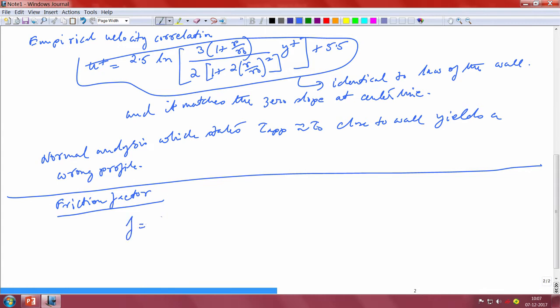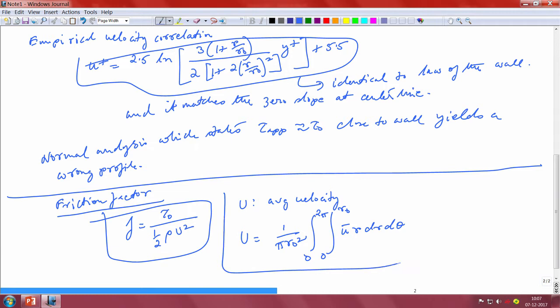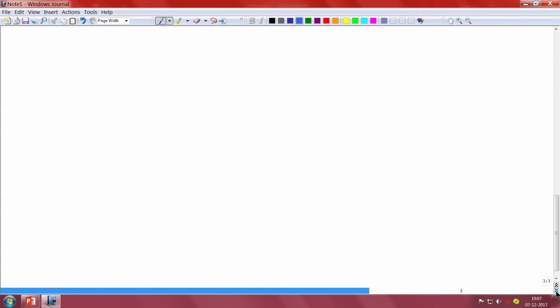Friction factor is basically f equal to tau naught divided by half rho u square, where u is the average velocity, if you recall, and u normally will be given as 1 over pi r naught square, times a double integral of u bar r dr d theta. So, that is the definition of friction factor. This is the same definition as in the case of a laminar flow, so there is no real catch over here.